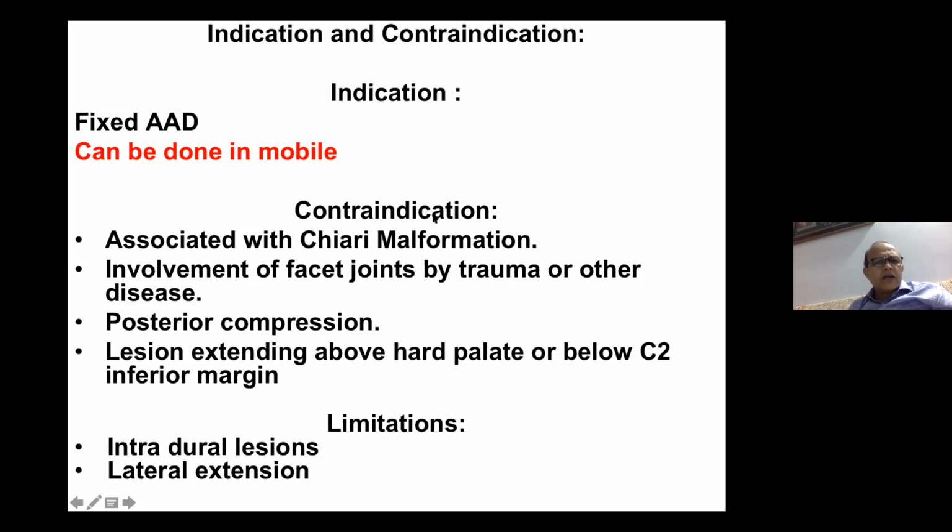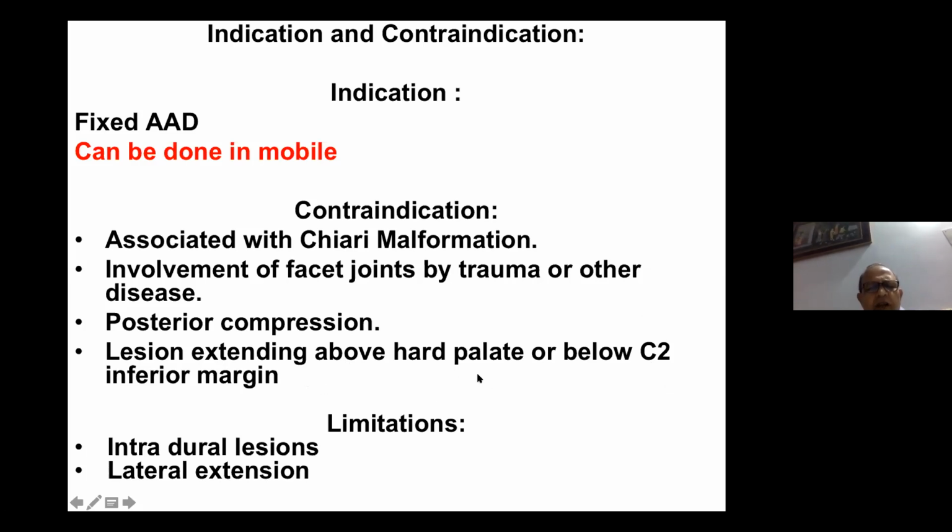The contraindication is if there is a posterior problem like Chiari malformation or a posterior compression, or if there is involvement of the facet joint by trauma or disease, or the lesion is extending above the hard palate and below the C2 inferior margin.